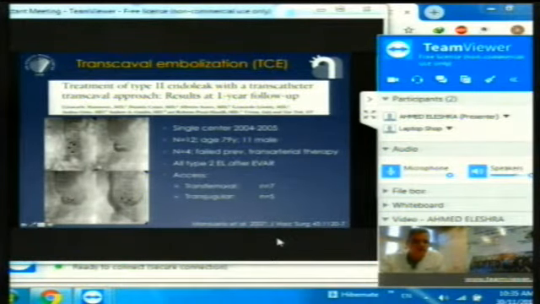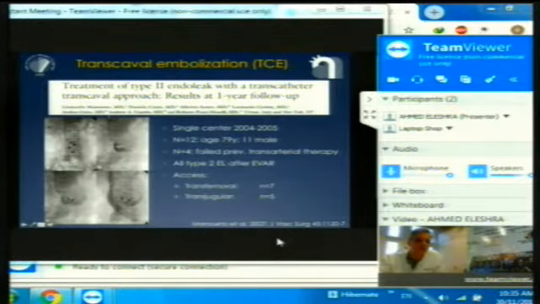It is a relatively recent technique, and it's been introduced by Italian groups about 10 years ago. As you can see on the images on the left-hand side, the vena cava is usually quite adjacent to the aneurysm sac, so there's usually quite some contact which allows puncture from the IVC into the aneurysm sac.